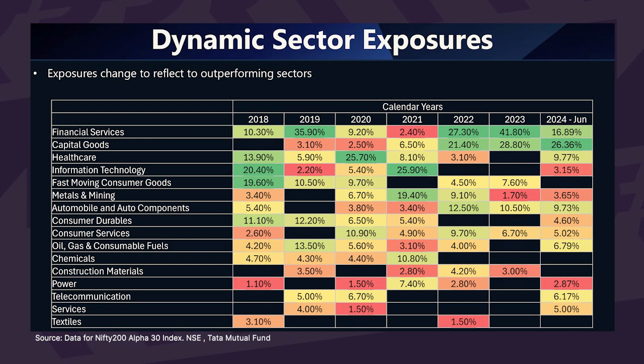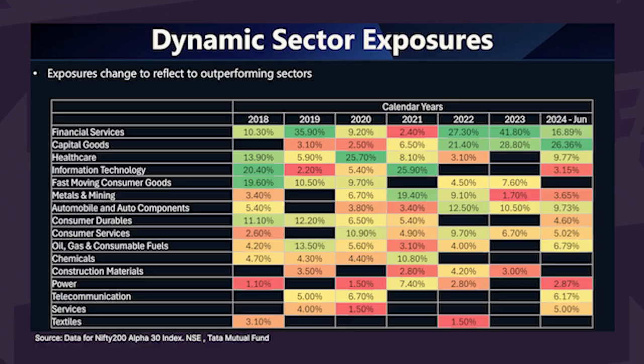However, the incidental part, which is the market cap exposures, large cap, mid cap, small cap, or the sector exposures, could be very dynamic. Even after that buffering mechanism which we just spoke about is taken into consideration, the exposures are quite dynamic, the market cap exposures as well as the sector exposures, because finally the objective of this strategy is to identify where the excess return in the market is sitting, and go and identify that.